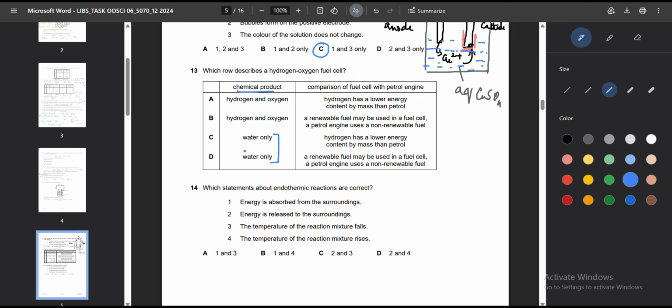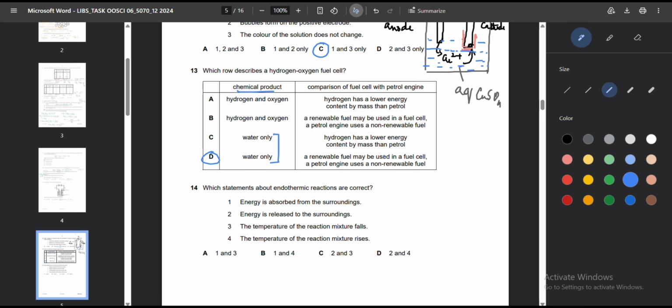So which option is the correct one? Option D, because a renewable fuel may be used in a fuel cell, and a petrol engine uses a non-renewable fuel.